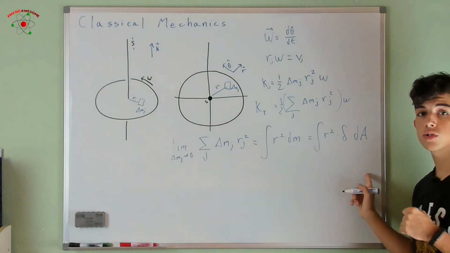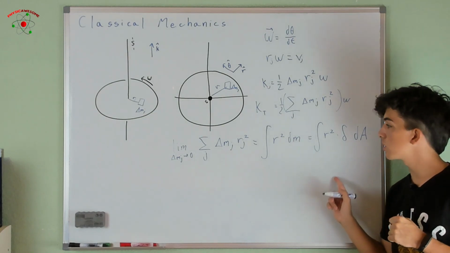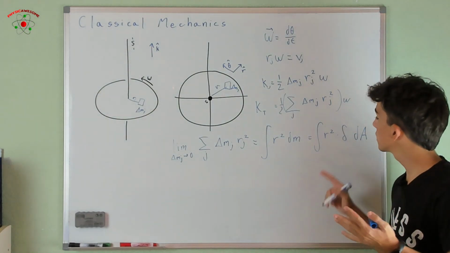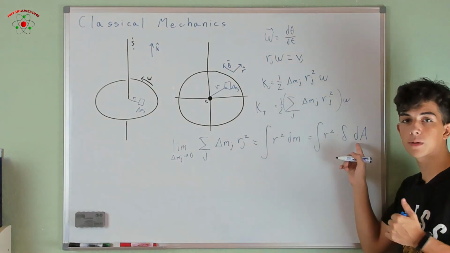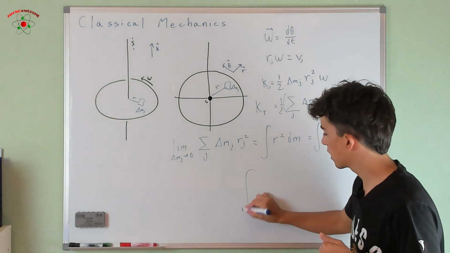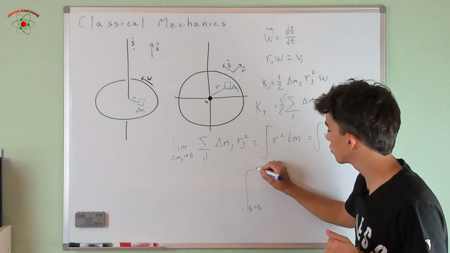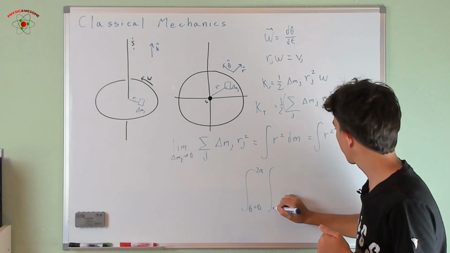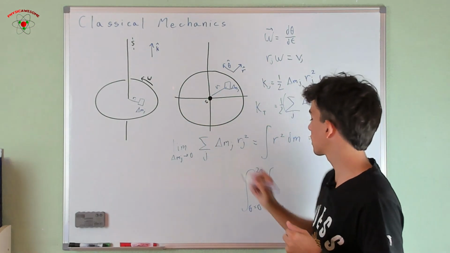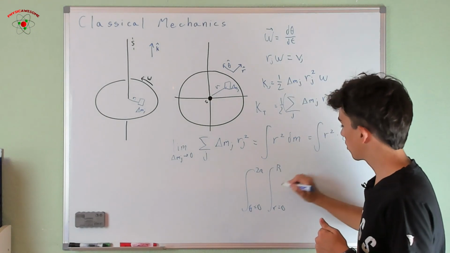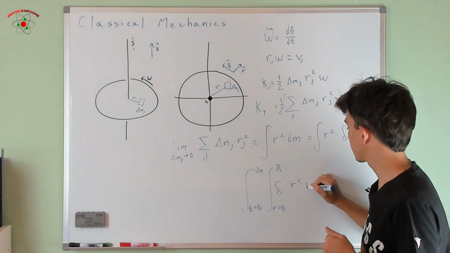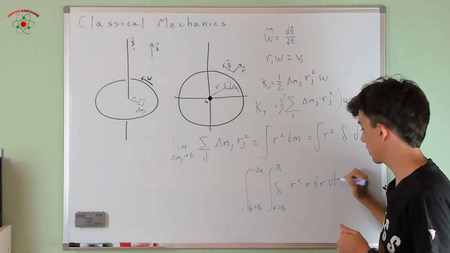And we could use our knowledge about different things to find this. In this case, we would have to substitute our area element for polar coordinates, and we would have from θ equals 0 to 2π, and from r equals 0 to the radius of this, we're going to take capital R, of the density δ r squared times r dr dθ.